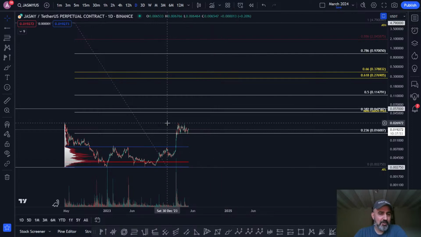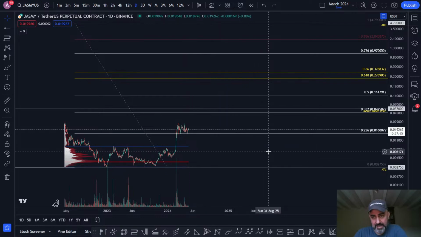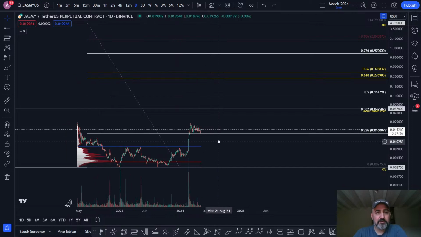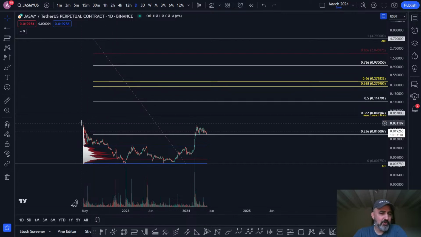We've expanded out of this lower part, and we're finding support on an SR flip on this higher time frame 236 fib level at 0.016007. Okay, so that's a really good sign for this token. Really good.